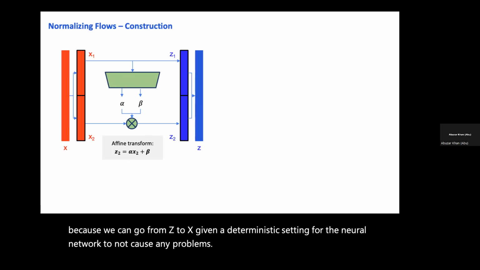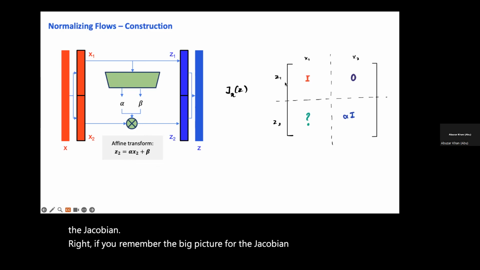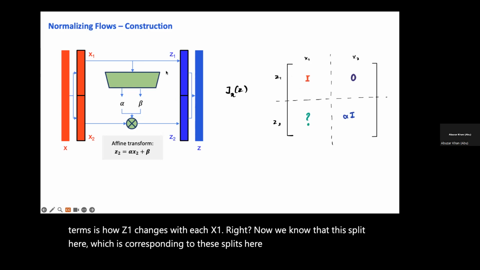What's more important for us to look at is how this helps us formulate the Jacobian, right? If you remember the big picture for the Jacobian, each of these little terms is how Z1 changes with each X1. Now we know that this split here, which corresponds to these splits here, X1 and Z1 are the same.